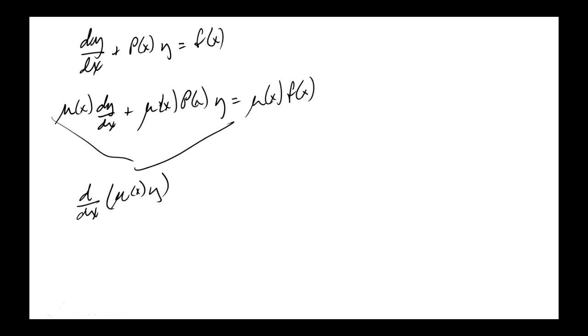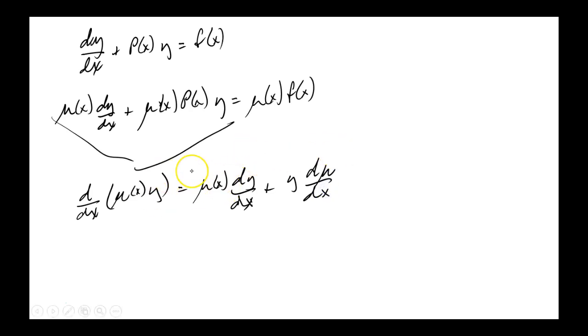Now if you do the product rule on this, it would be mu of x times the derivative of y with respect to x, plus y times the derivative of mu with respect to x.